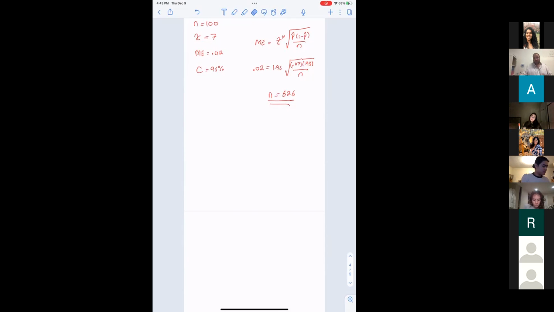So I didn't really show my work. I just kind of did it on the calculator. I did 0.02 over 1.96 equals the square root of 0.07.93 over n. I then squared both sides. That gets rid of the square roots.